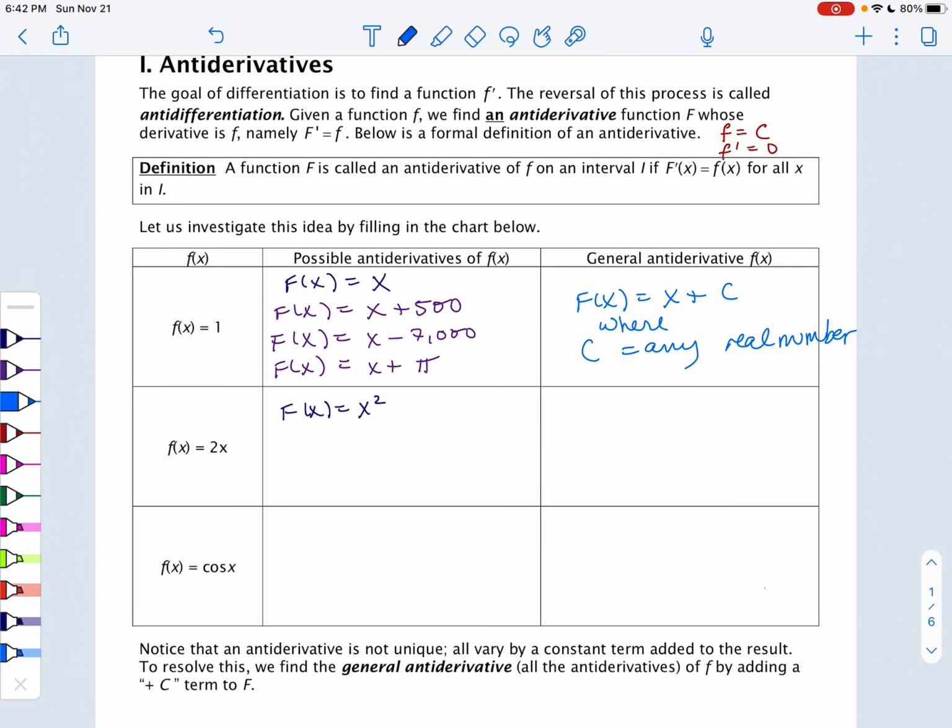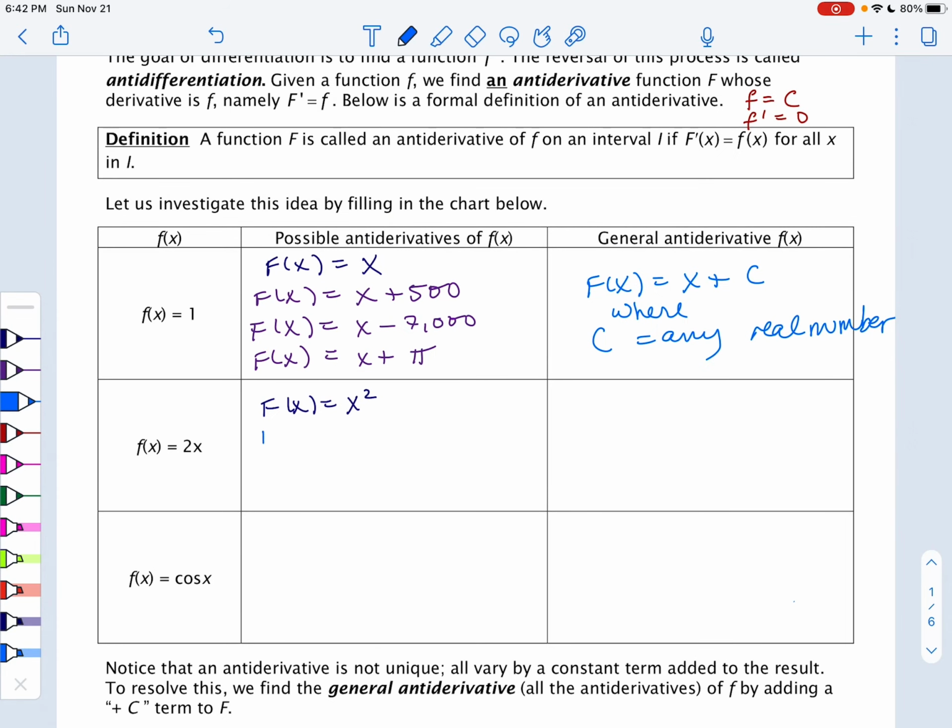So I can think of other antiderivatives. A big F of x could be x squared plus 2. Another antiderivative could be x squared minus 7. Another could be x squared minus e, because we know e is a constant as well.